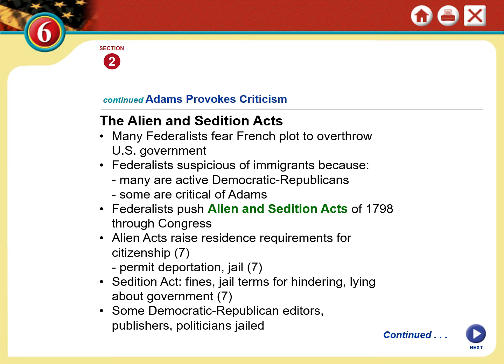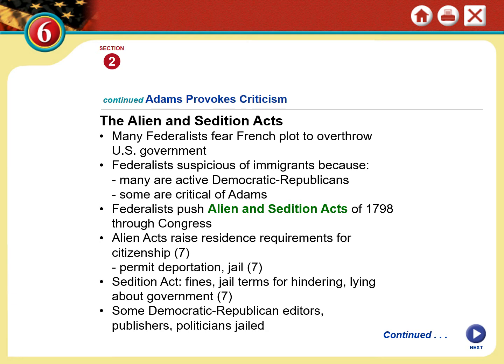And what effectively this did was allowed our government to put in jail editors of Democratic Republican magazines and newspapers and Democratic Republican politicians. We were putting people from the news, journalists, in jail for publishing works that disagreed with the Federalist idea.